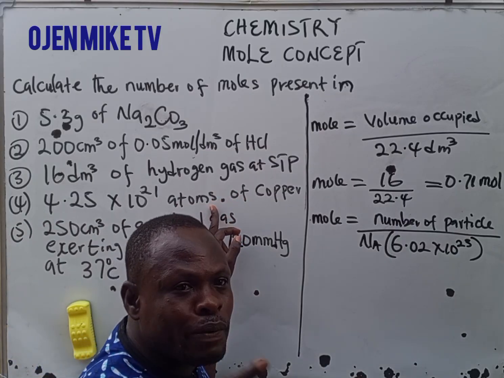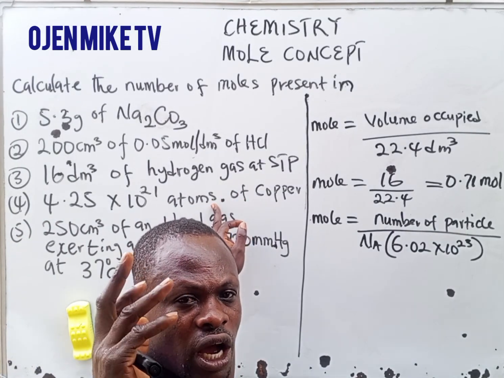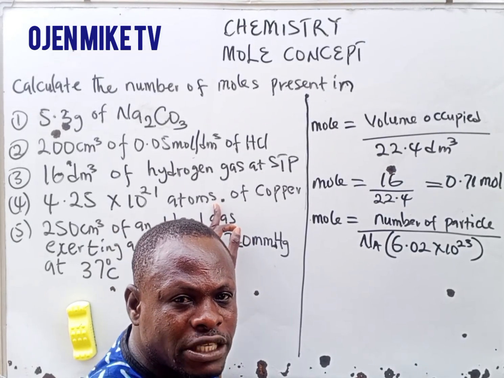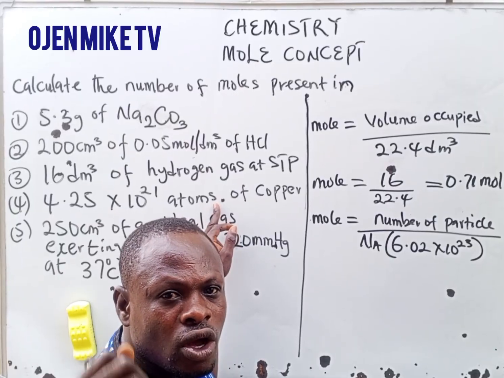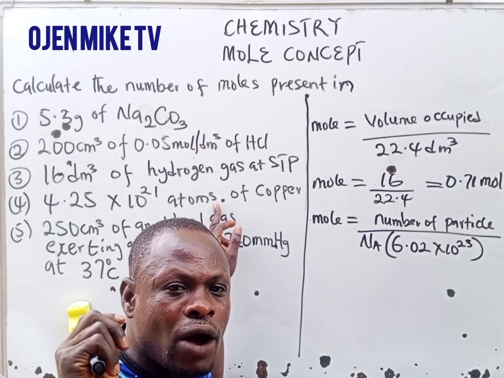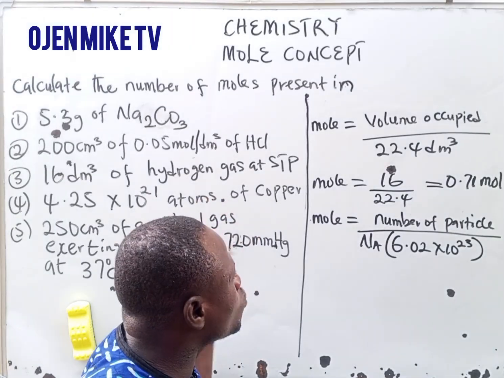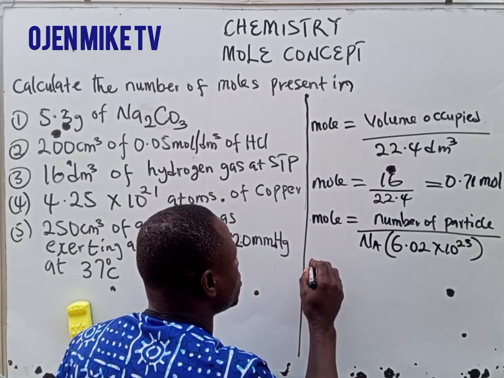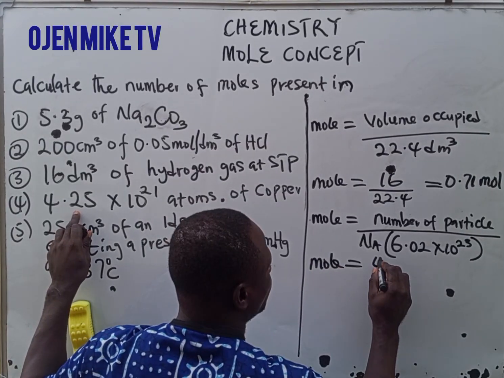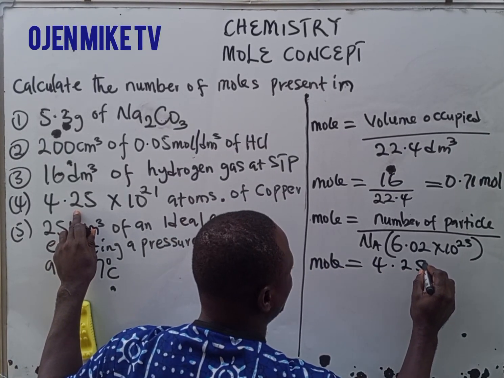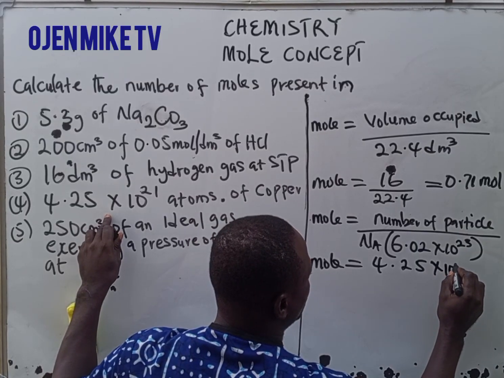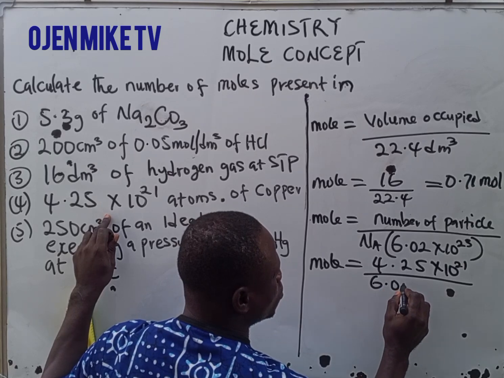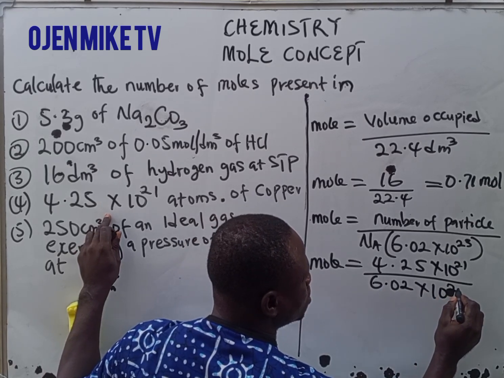Remember, an atom is a particle. We have atom as a particle, electron as a particle, proton as a particle, ion as a particle, formula unit as a particle, molecule as well as a particle. All these are particles. So we divide this by the Avogadro constant. Mole is 4.25 times 10 raised to the power 21 divided by 6.02 times 10 raised to the power 23.